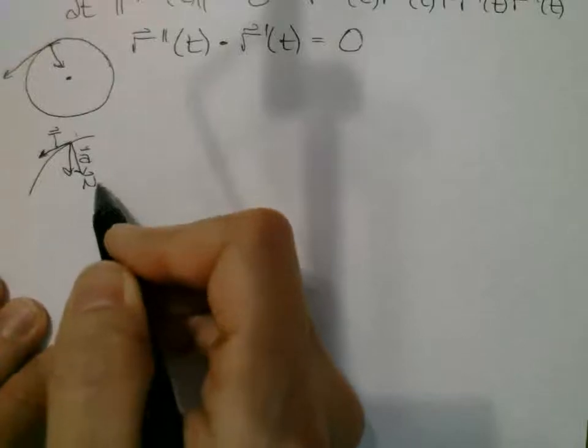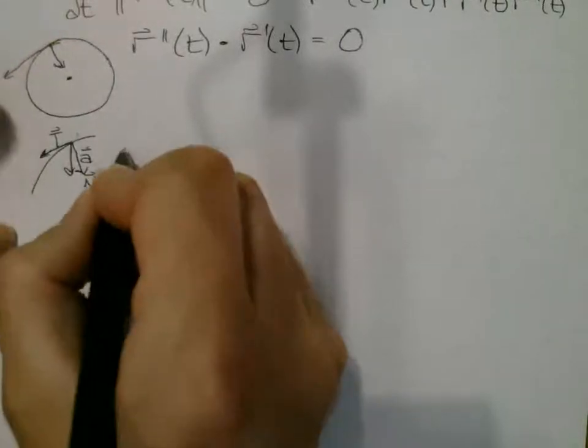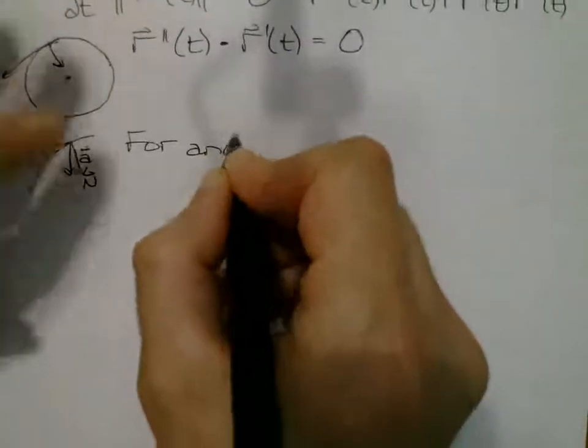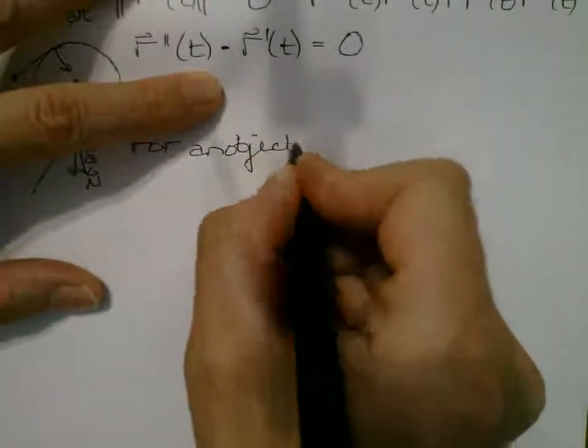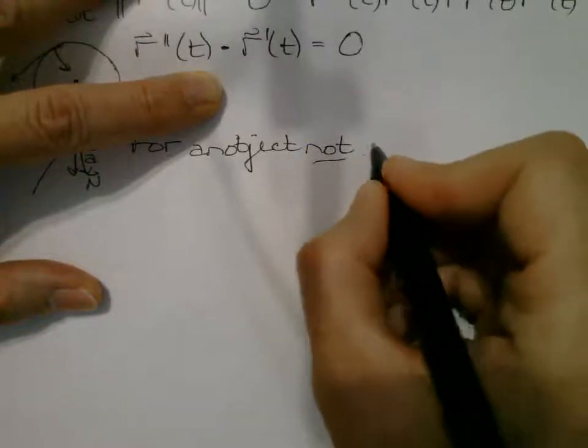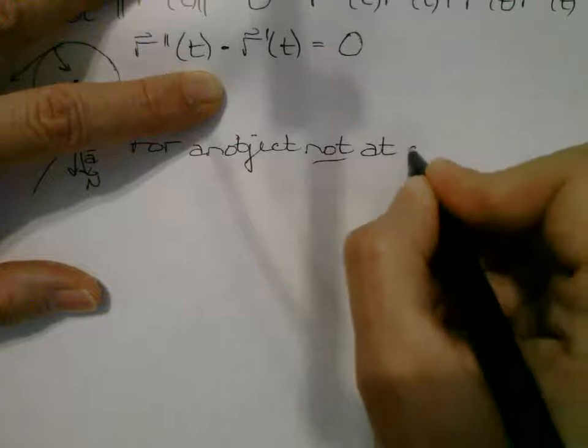This is a job for a vector projection. So this is going to apply when my object is not necessarily moving at a constant speed.